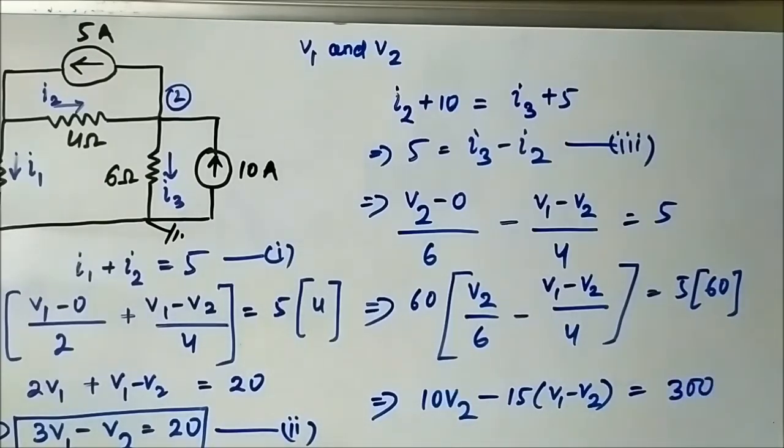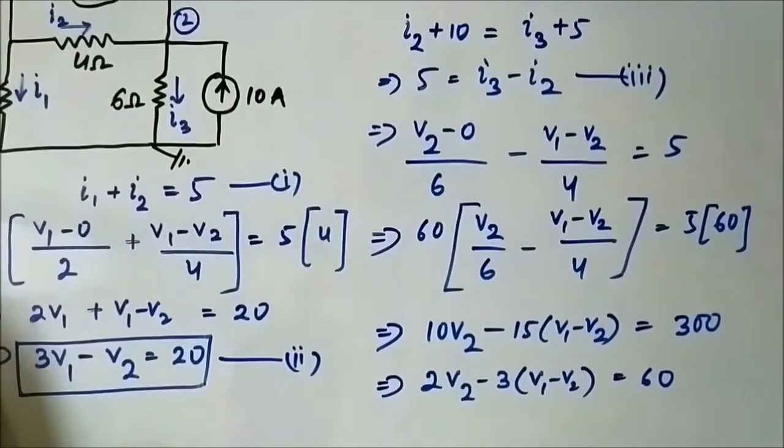Okay, if we want to further simplify it, we can divide the whole equation by 5. It will become 2V2 minus 3 into (V1 minus V2) is equal to 60.